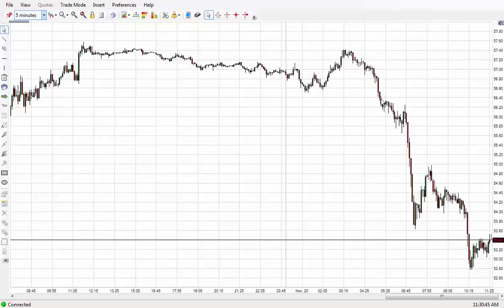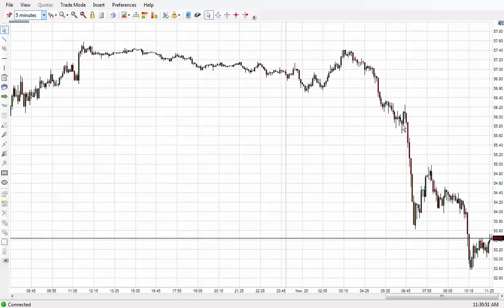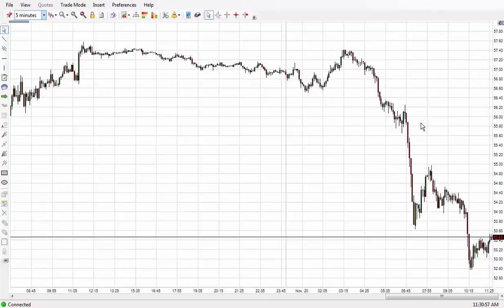Code 2, you would have hit anywhere between 100 and 200 ticks on your trade today, depending upon how many you would have gone for. I personally would have gone for 200. I would have gone for at least 150 and maybe 200.